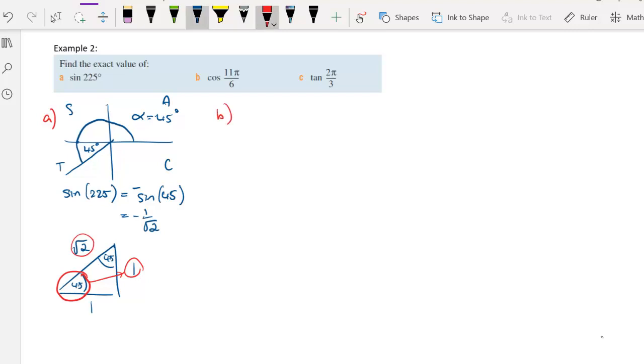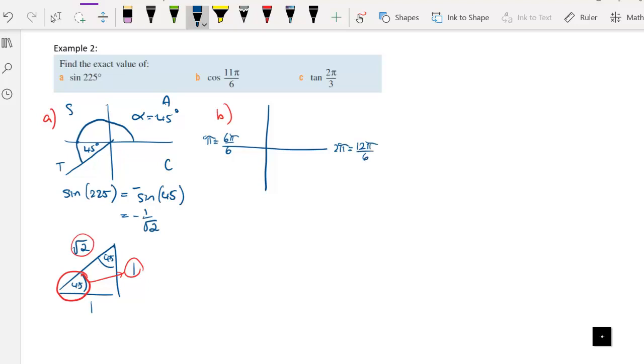When we look at B, it's a little bit trickier because we're looking at radians, but the premise is the same. Now, in this case, because it's on 6, pi is usually the same as 180 degrees. So if this is pi, which is the same as 6 pi on 6, and over here, this will be 2 pi, and that will be the same as 12 pi on 6.